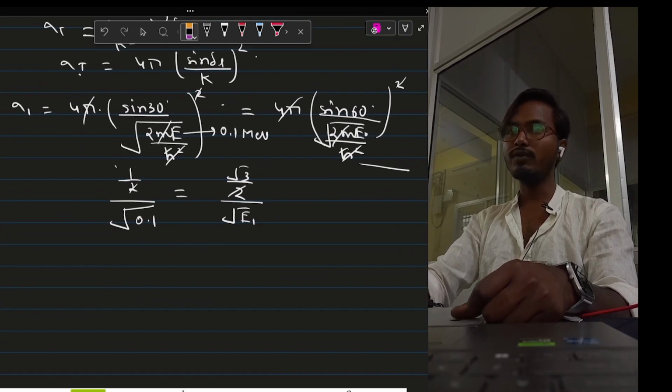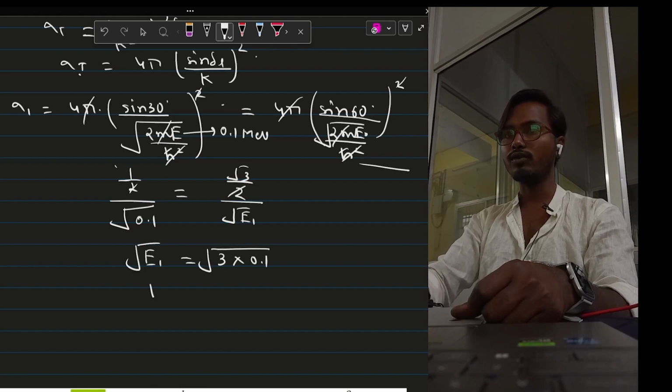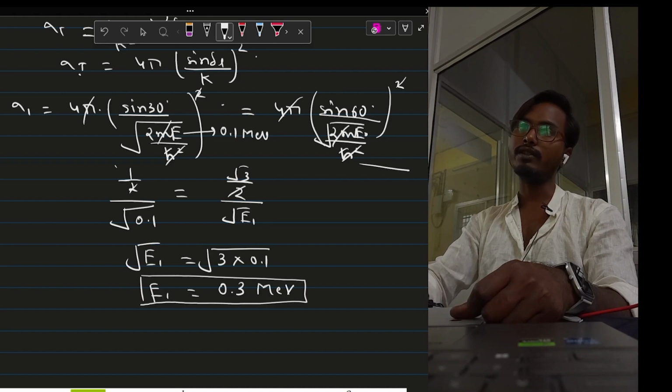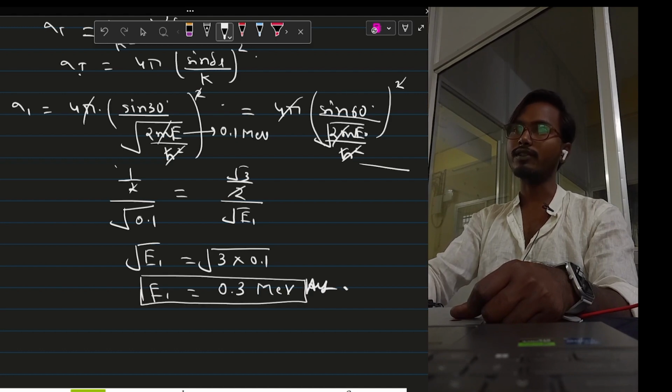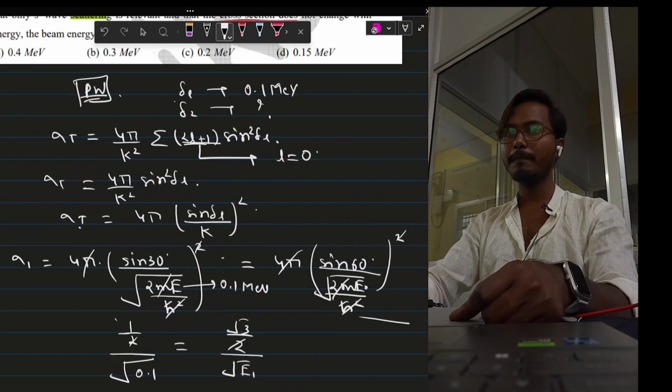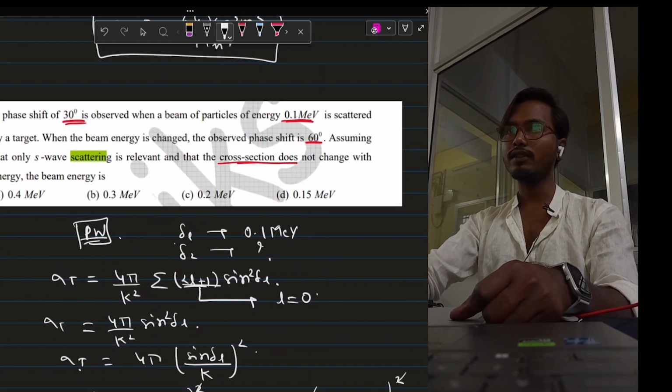So what do we get effectively? Effectively we get e1 equals to 3 times 0.1. All things are in root. If we take root outside, we get the value of 0.3 MeV. And that is what we needed to find. Okay. So what is the answer here? Answer is 0.3 MeV.